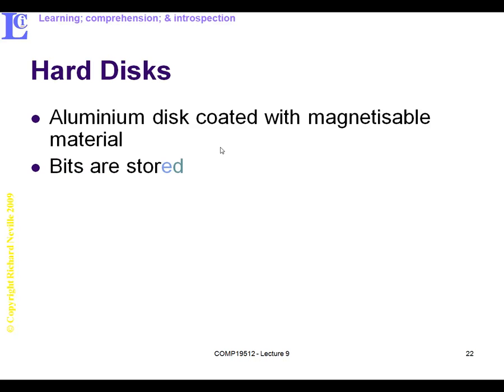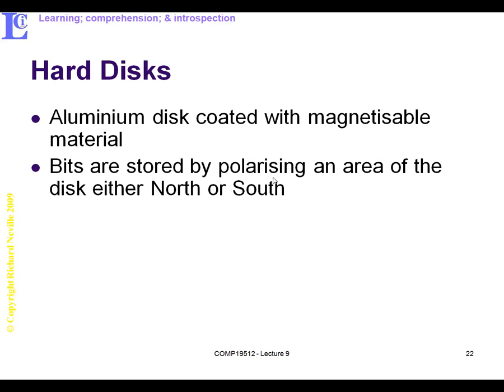So let's have a look at this then. Bits are stored on the hard disk surface as very, very small polarized areas, which basically polarize that small area to point in a north or south direction, 1 or 0. These are called magnetic domains, and what you're doing is setting up information.